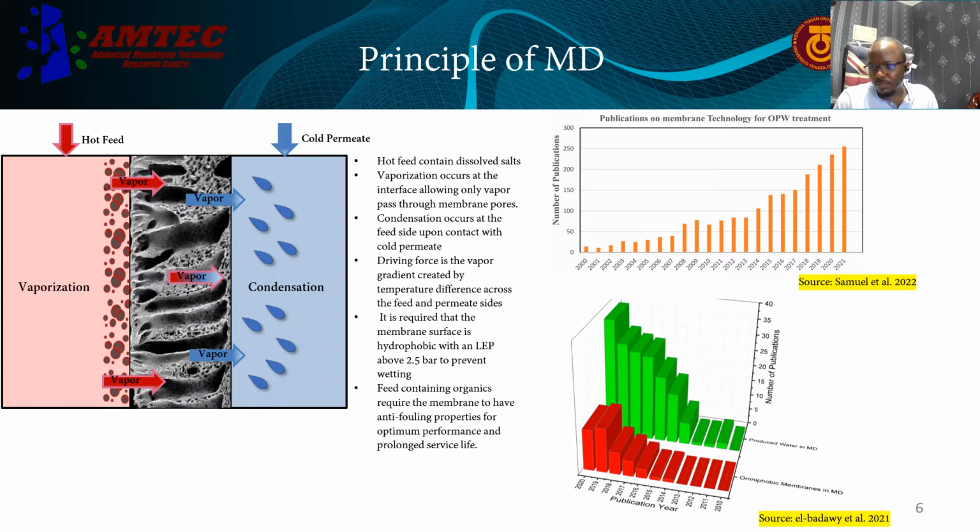But recently there is a growing interest, first of all, in treatment of oilfield produced water in membrane technology, as you can see from the increase in publications in the last decade or so, and particularly the increase in publications for produced water treatment in membrane distillation.